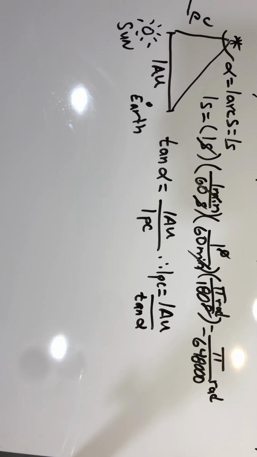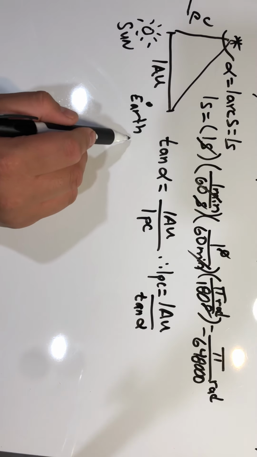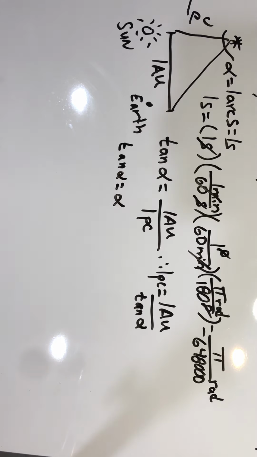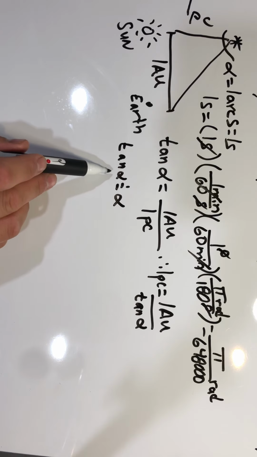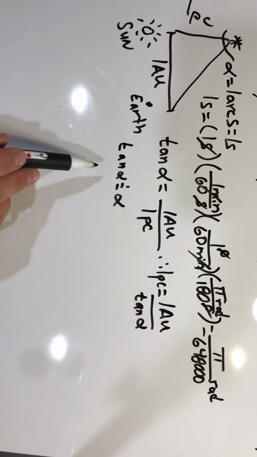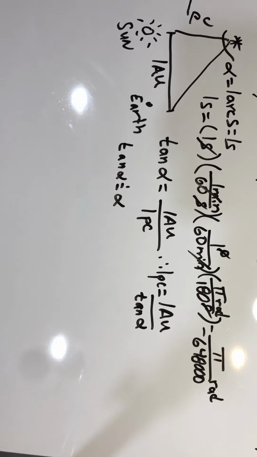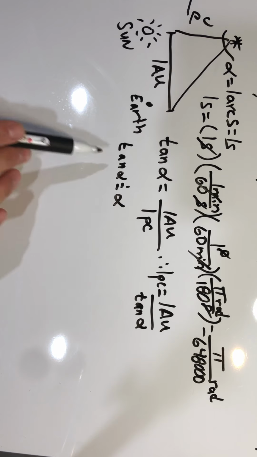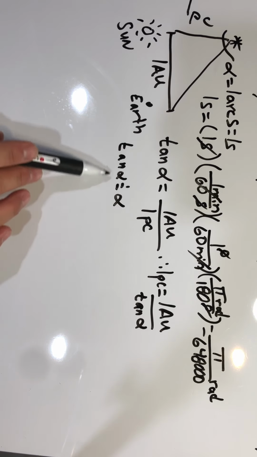Now, there's something else I wanted to mention here, okay? The tangent of alpha is approximately equal to alpha, if alpha is a small number, and also is in radians. If it's in degrees, it's not going to work. If alpha is measured in degrees, I mean, if the units that you're using here is degrees, you're not going to get this approximation.